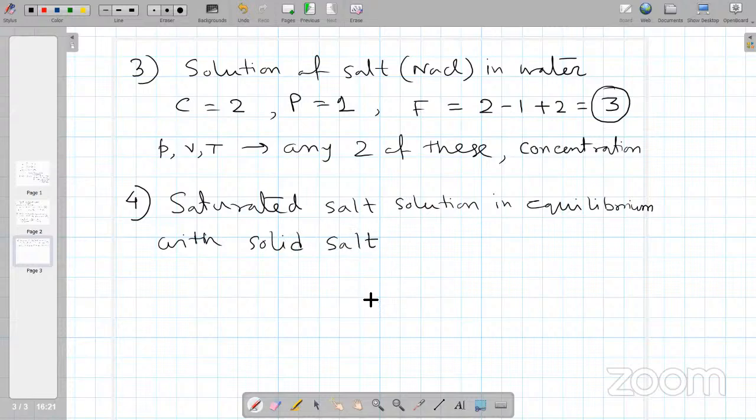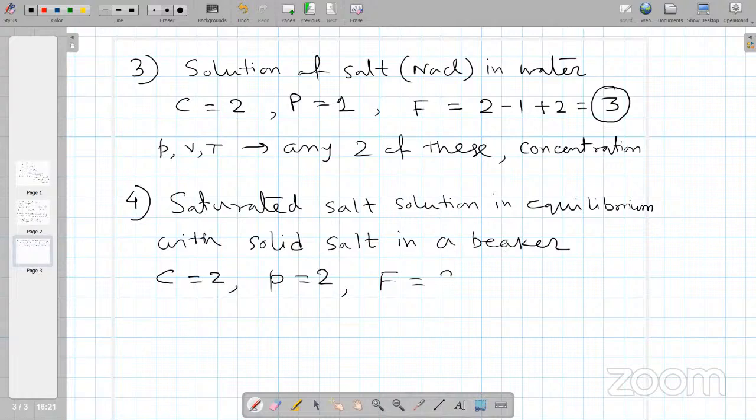So we have a large amount of salt present so that the entire solution is saturated for the given pressure or temperature, and there is solid salt at the bottom of the beaker. So in a beaker, we have saturated salt solution in equilibrium with solid salt. Now, component equals 2 and phase also becomes 2. So F will be 2 minus 2 plus 2, which is equal to 2 again.